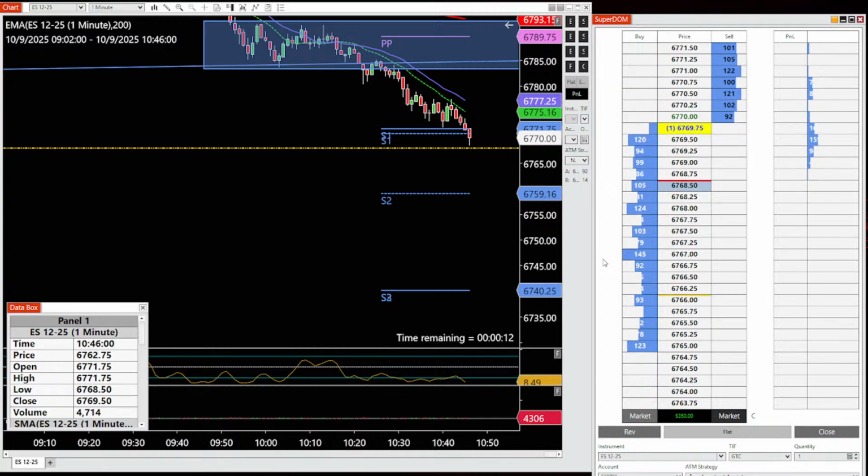68. Had to break above 70 again. 72. 72.50 would be a 4-point bounce.